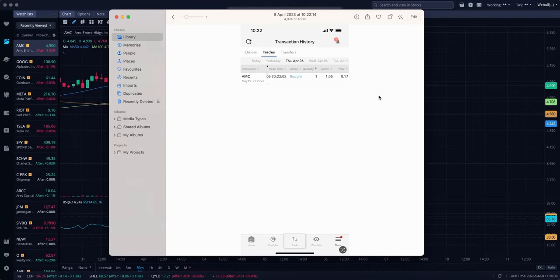So if we fast forward a day later with volatility dropping and AMC gapping up and filling that gap it left from the previous couple of days, I managed to buy this option back for $17. So I sold it originally for 41, and bought it back for 17. That netted me $24 of profit on this trade for 39% return on capital.